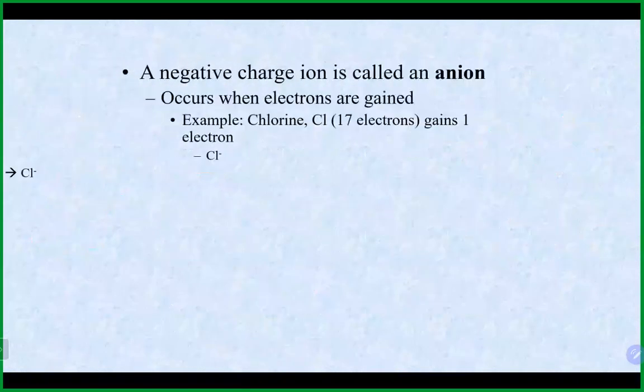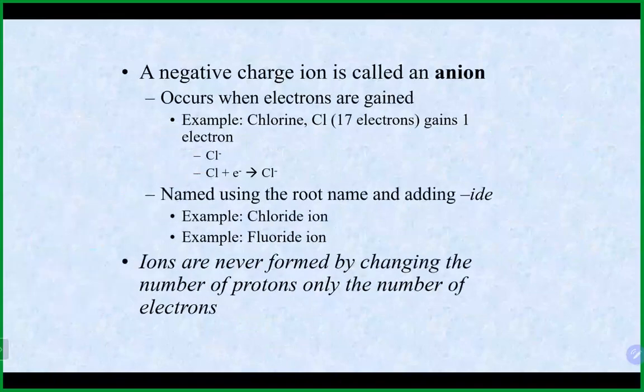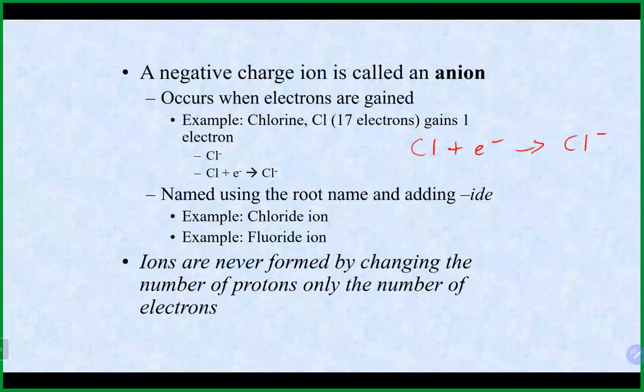Now, anions, as we talked about, are guys that do gain electrons. And we could also represent that with an equation. So for example, if chlorine gained an electron, it would make the chloride ion there. And different though, the electron would be on the reactant side.